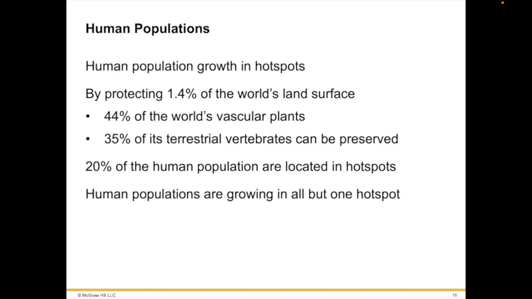For example, large-scale logging in tropical rainforests occurs in countries around the world to provide lumber, most of which ends up in the United States, Western Europe, and Japan.